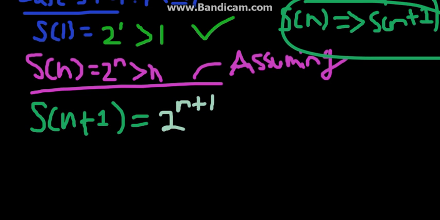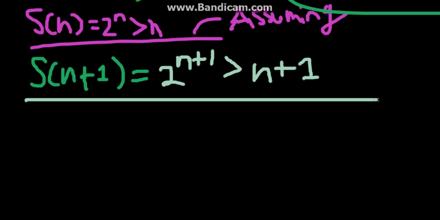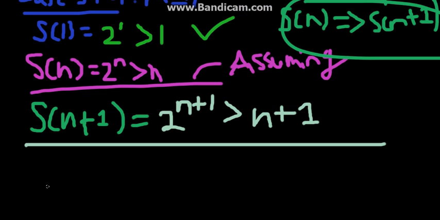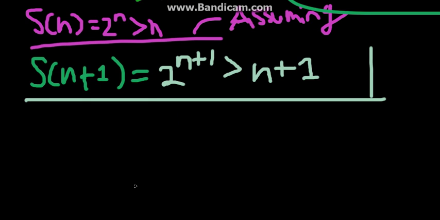Can barely tell that it's blue. Okay, so 2 to the n plus 1 is less than n plus 1. Okay, so this is what we're trying to prove, or at least deduce from this.